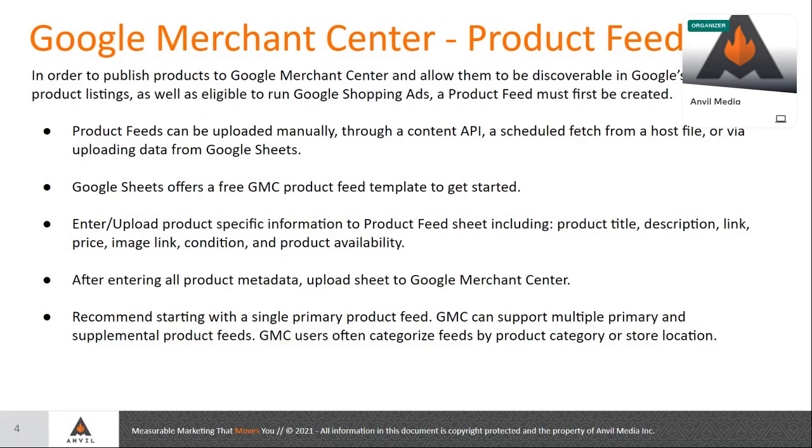One of the challenges and pitfalls a lot of advertisers or retailers run into when managing product feeds in Google Merchant Center is keeping all of that information up to date. Google can flag accounts if they detect that information is incorrect.